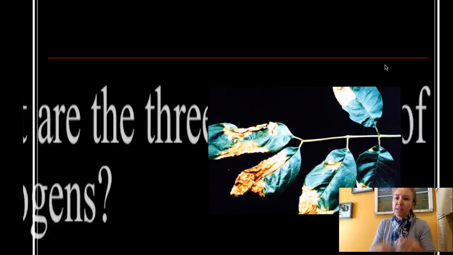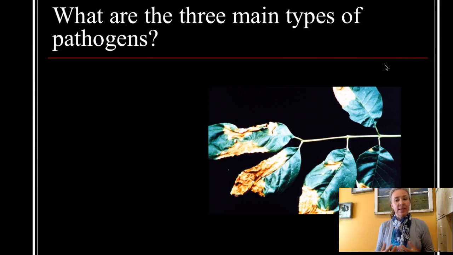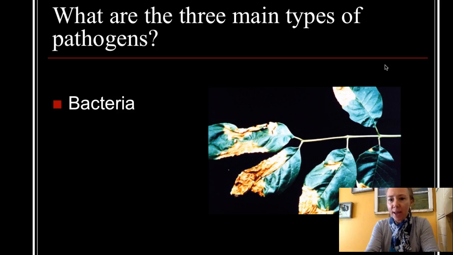Most of them, once they get into their host, are capable of reproducing very quickly. So we're going to be taking a look at these different types of pathogens briefly today, and also looking at the kind of damage they create, and also, of course, how to prevent them.